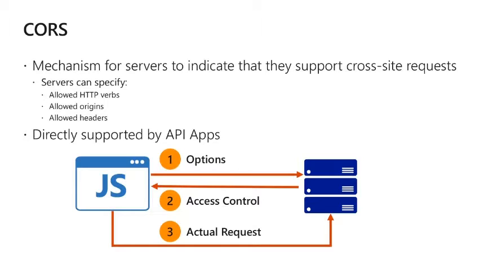Before making a real request, it sends an OPTIONS verb request and asks the server if it allows the request, and then it makes the real request. So you can handle that CORS management in API apps directly without much effort from your side.